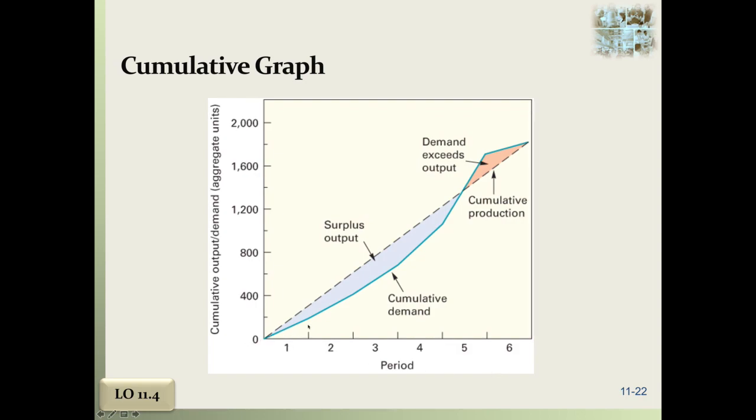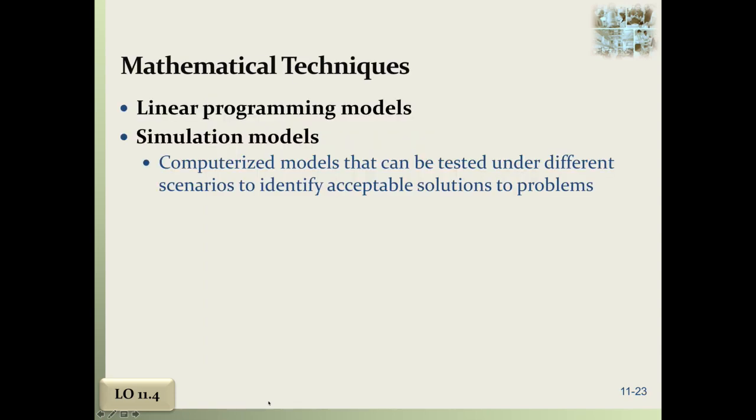This is where your surplus output is, and this is where demand exceeds the output. Right now your cumulative demand is here, but your output is here, and then eventually you're going to use up your inventory and it's going to go above. So it kind of shows you what that might look like in a graph.